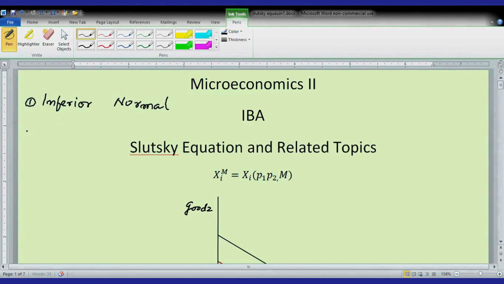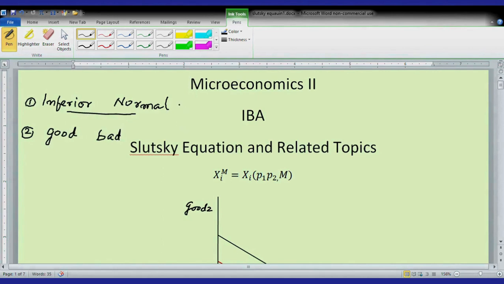We'll see shortly. The second way of classifying goods is to classify them as good good and bad good, and this classification is totally based upon the preferences. After we have discussed these concepts of normal and inferior good, we'll see what good good and bad goods actually are.